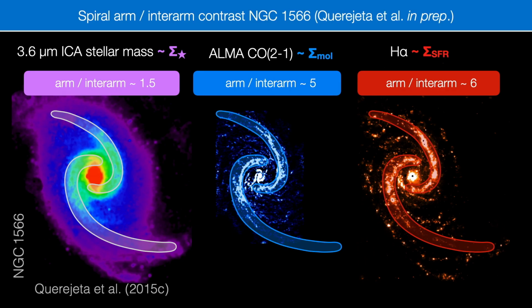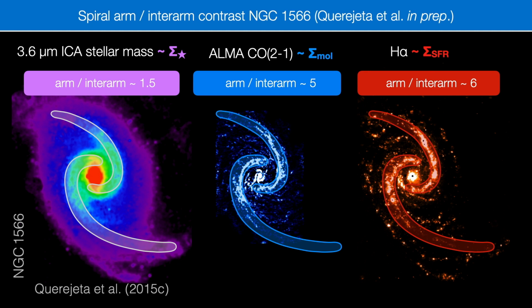As a follow-up, I am now looking into this problem in a little bit more detail, examining not only integrated spiral to interarm contrast, but also their distribution as a function of radius and including a tracer of stellar mass. In this example, for NGC 1566, we can see the result of overlaying the spiral masks on top of a tracer of stellar mass, molecular gas and star formation rate.